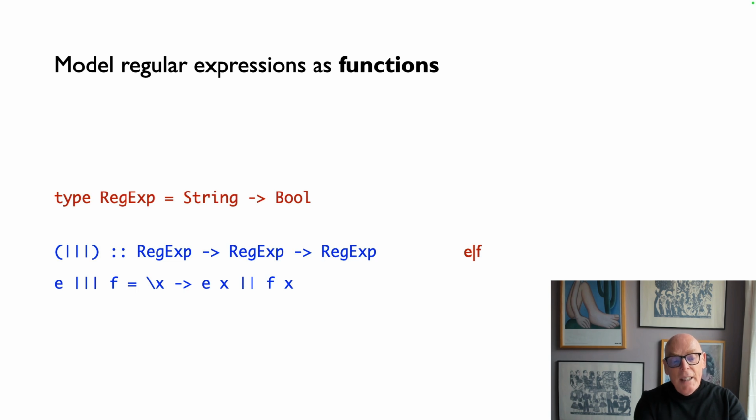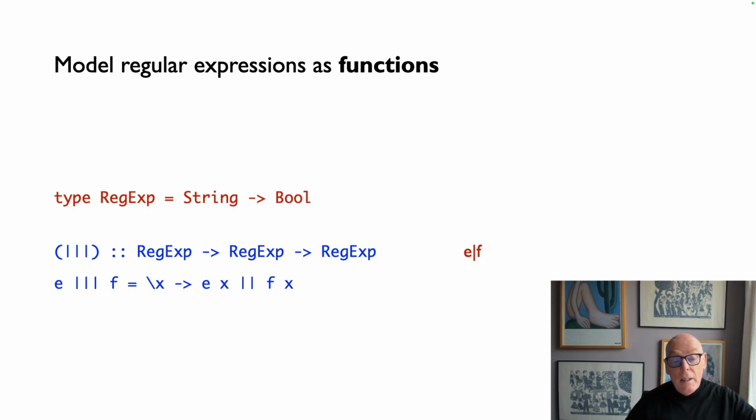Well, it's the function that takes a string and checks to see if it matches E, that is apply E to X, checks to see if it matches F, that is apply F to X, and then take the disjunction of the result. So if it matches E or if it matches F, we'll get the answer true there.